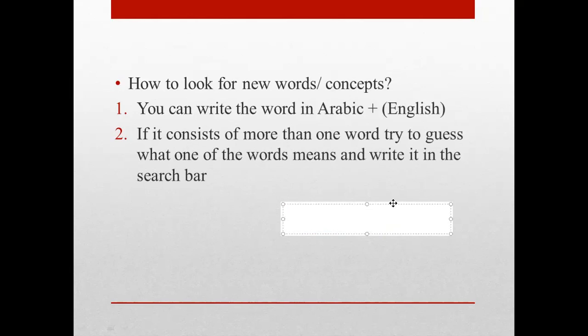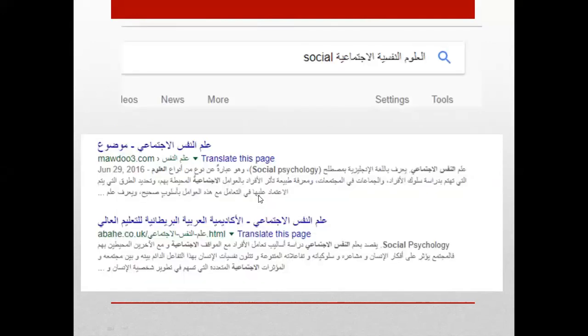So if the term is not common and I did step 1 and still didn't find the answer, what I do is that if the term includes more than one word, for example, العصف الذهني consists of 2 words. So if the term consists of more than one word, I try to guess the possible meaning of one of these words. And then I write it down in the search bar.